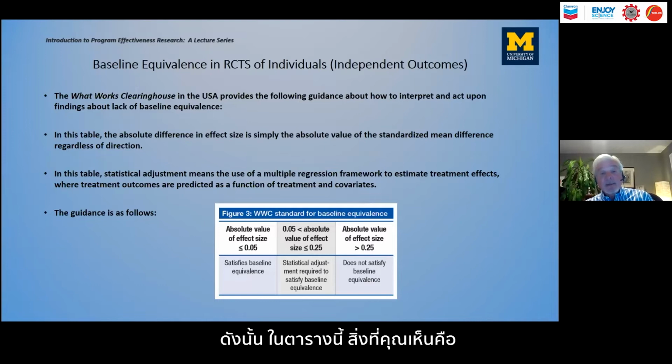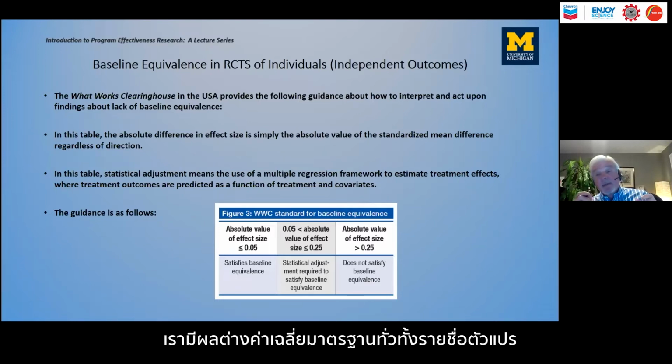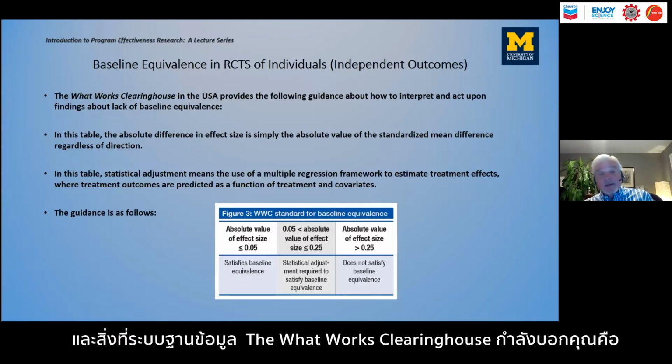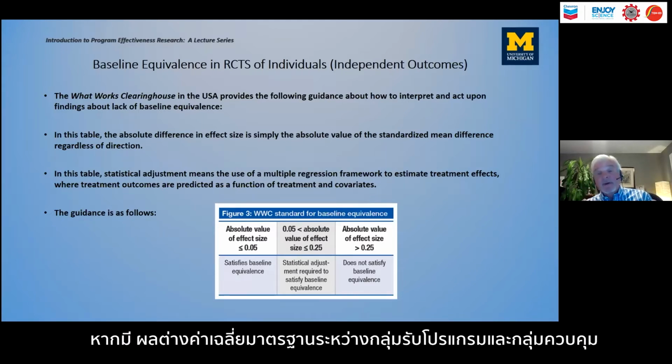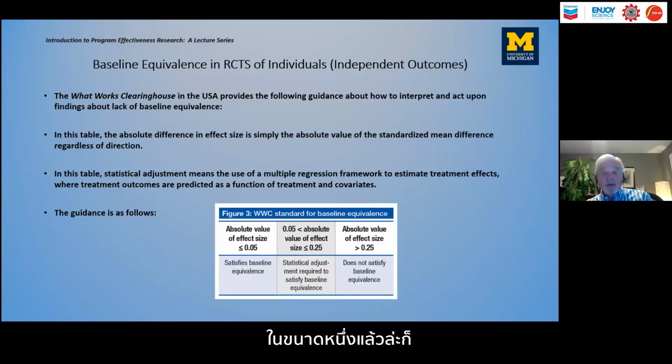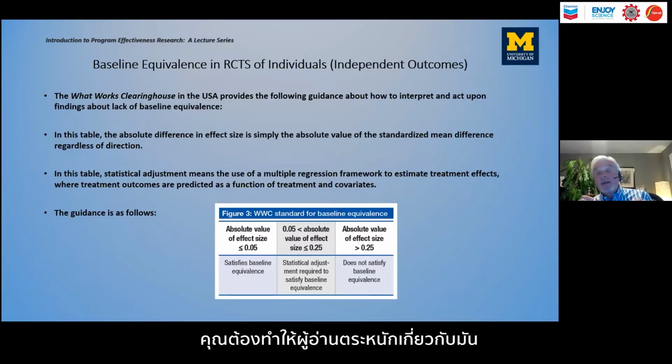So in this table, what you see is we have across a list of variables the standardized mean difference. And what the What Works Clearinghouse is telling you is if there are standardized mean differences between treatment and control group of a certain size, then you need to make the reader aware of that and perhaps take some steps in light of that.